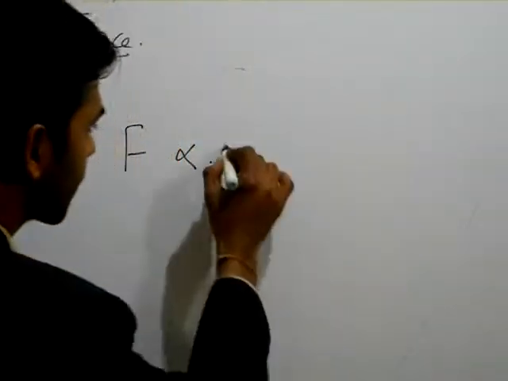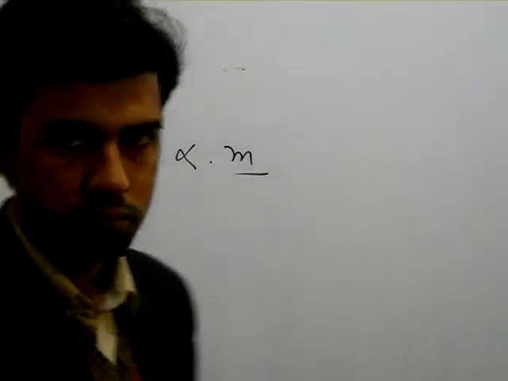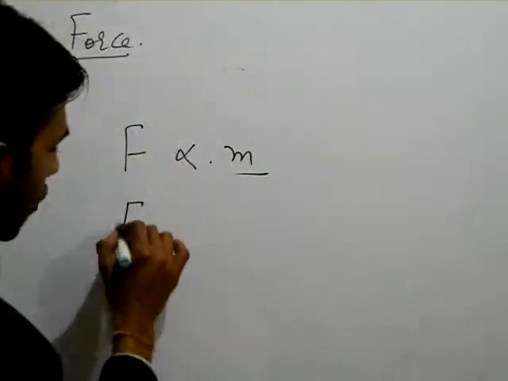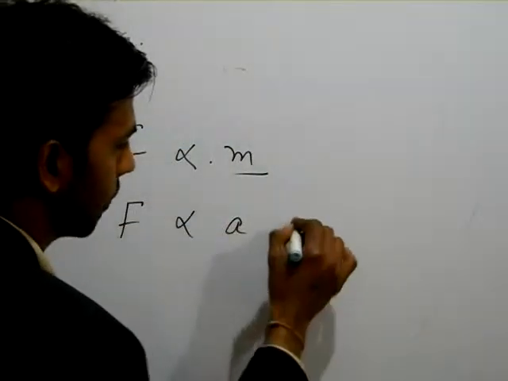That means your mass is one factor. So force is directly proportional to m. What is the second factor? Second factor is acceleration. Now what is acceleration? Acceleration is the rate of change in velocity per unit time. So force depends upon acceleration also.